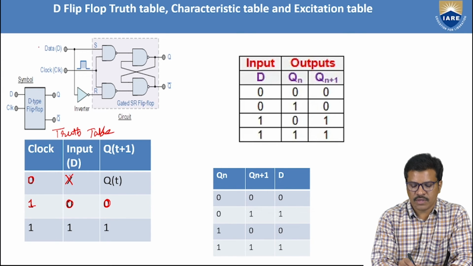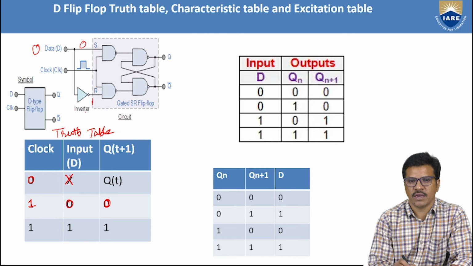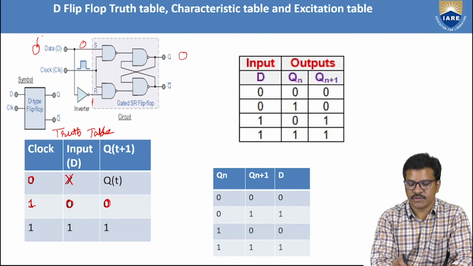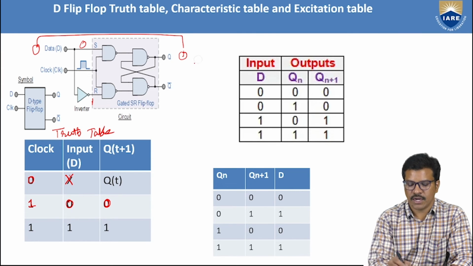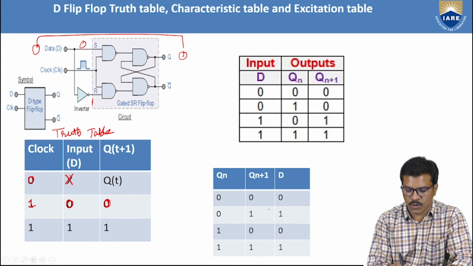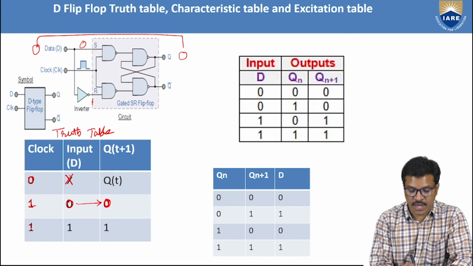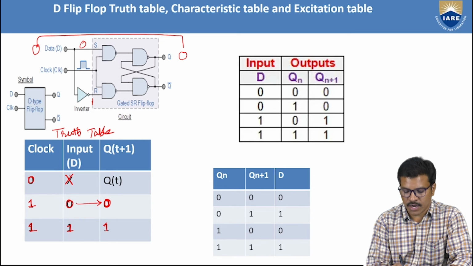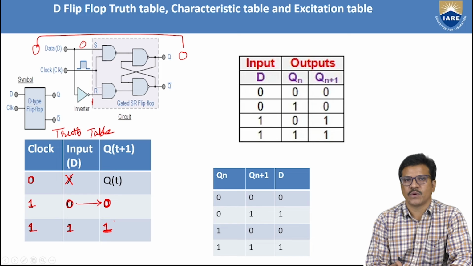Whenever I give 0 here, the inverter output is 1. That 0 1 combination given to the SR flip-flop gives output 0. So we can simply pass the D value to the next state: next state is equal to D. 0 is passed to the next state. If the clock is high and the D input is 1, after some time you will get next state equal to 1.